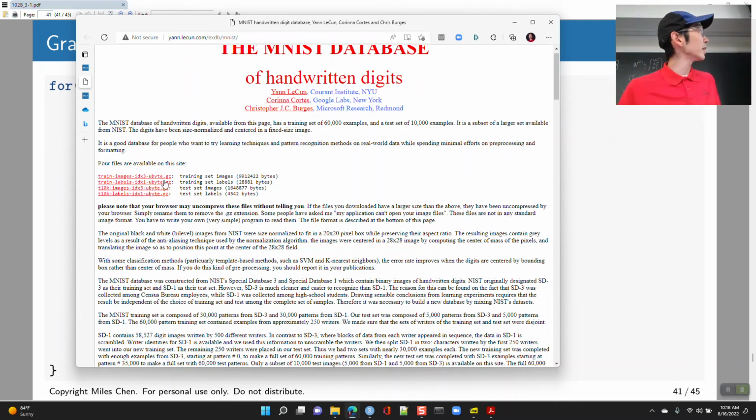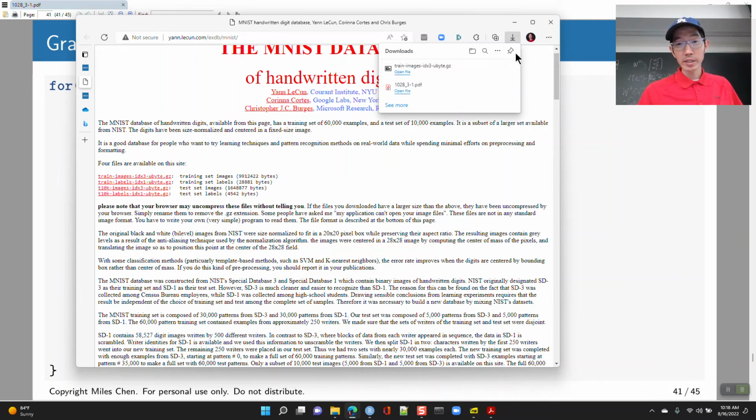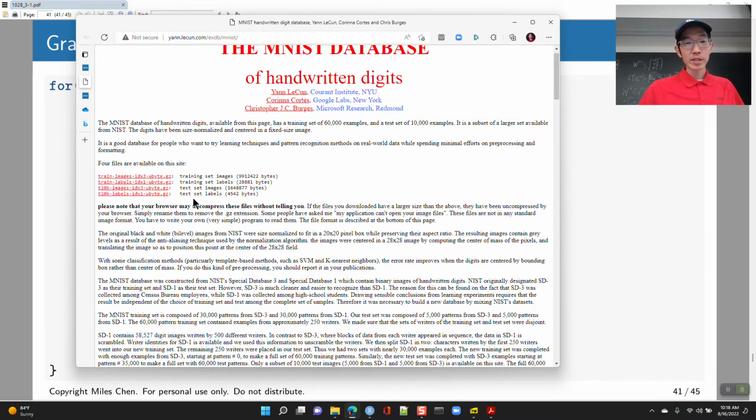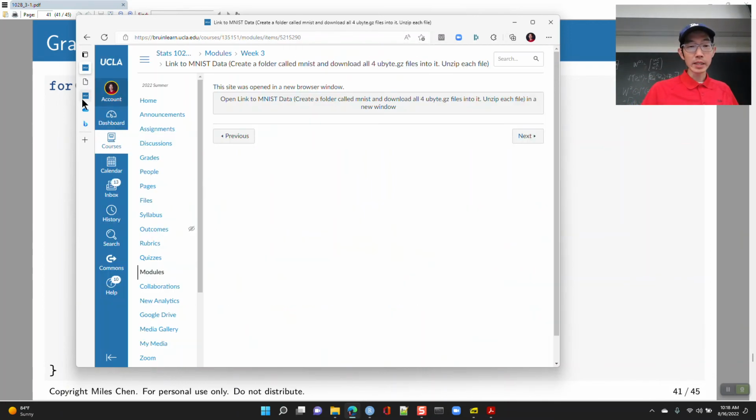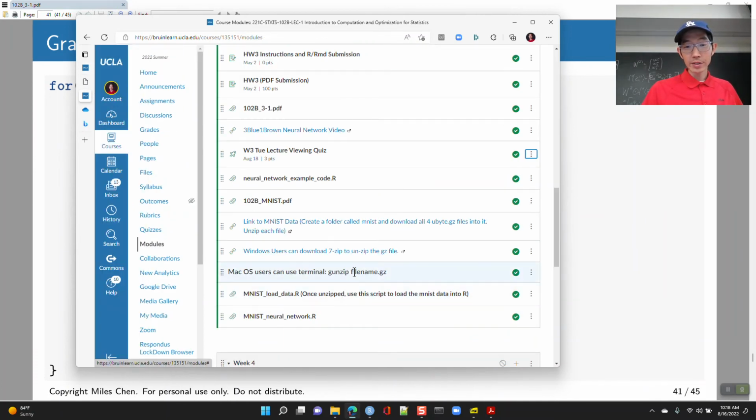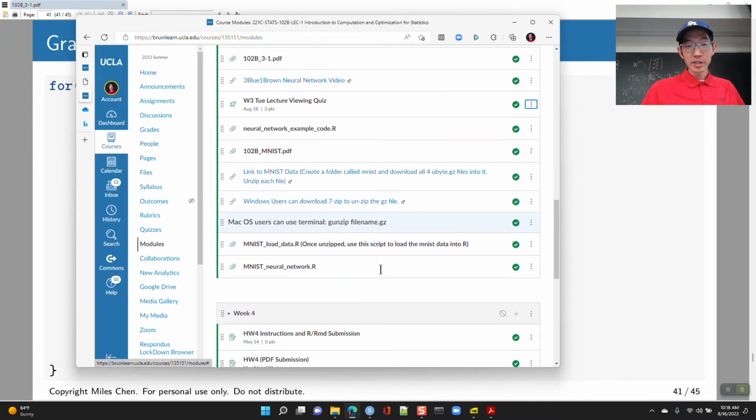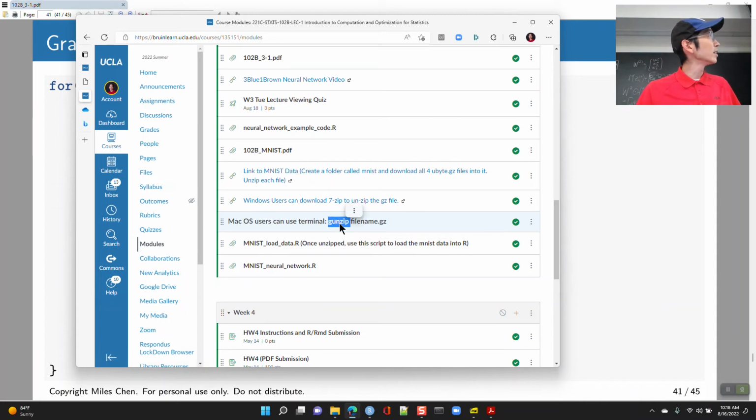And so you can download the original images, and you download these things. If you download them on a Mac, you have to run gunzip. Okay, they are zipped up in a .gz.